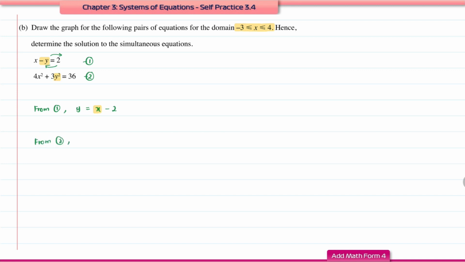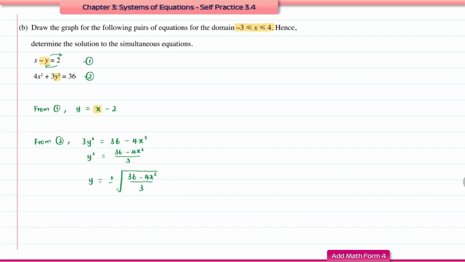Now let's move to equation number 2. I'm also going to make y the subject of the formula. So 3y squared equals 36 minus 4x squared. So y squared equals 36 minus 4x squared, divided by 3. And y is equal to plus or minus the square root of 36 minus 4x squared divided by 3.